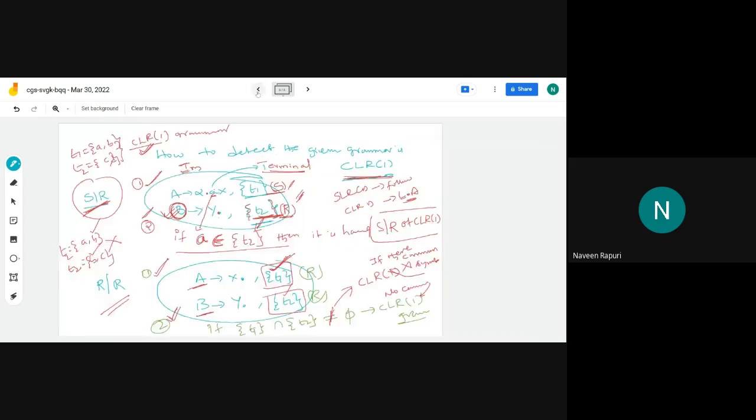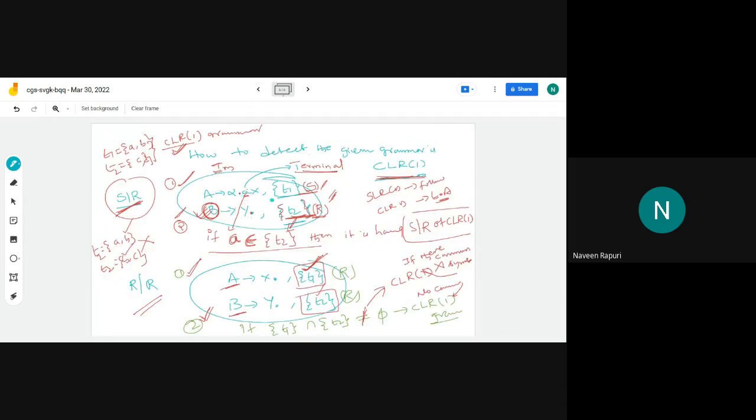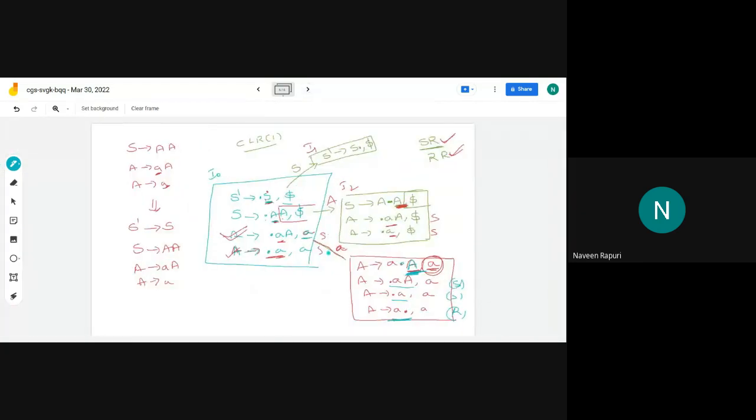But what we have discussed, if there is a shift reduce conflict, we need to check one more property. That property is that the shift symbol should exist in the look ahead symbols of the reduced item. The look ahead symbol should match with the shift symbol. What is the shift symbol here? Small a. And what is the look ahead symbol in the reduced production? Small a. Both are matching.